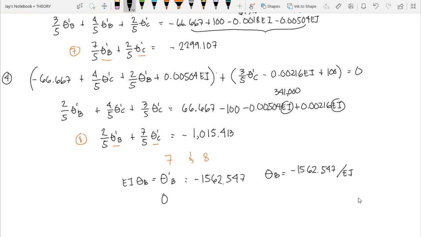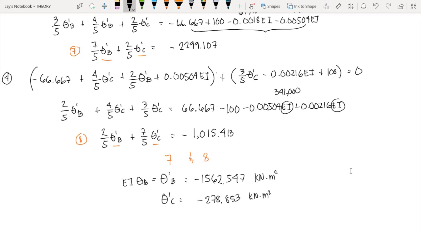And our theta prime C is equal to negative 278.853. And the unit is in terms of course kilonewton meter squared.